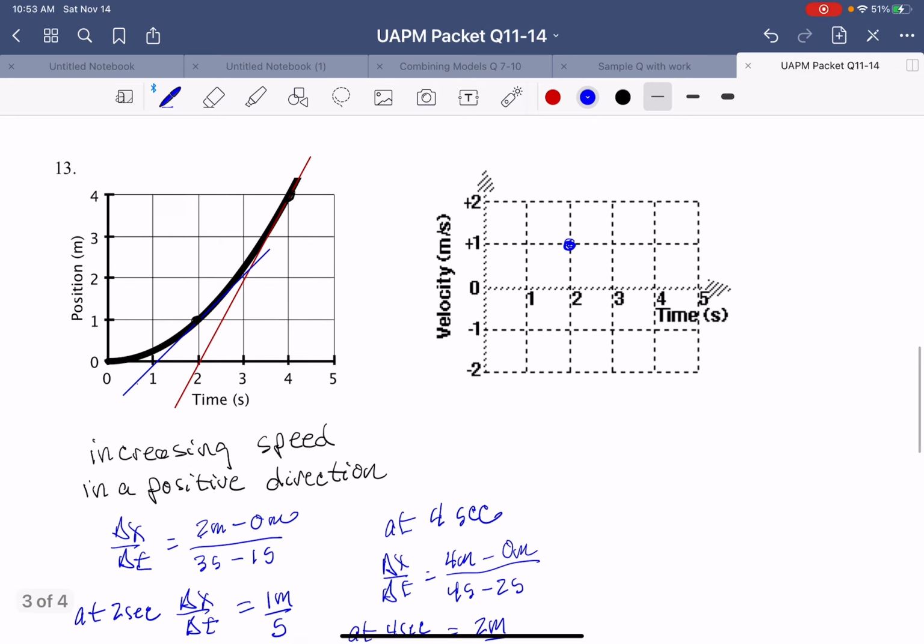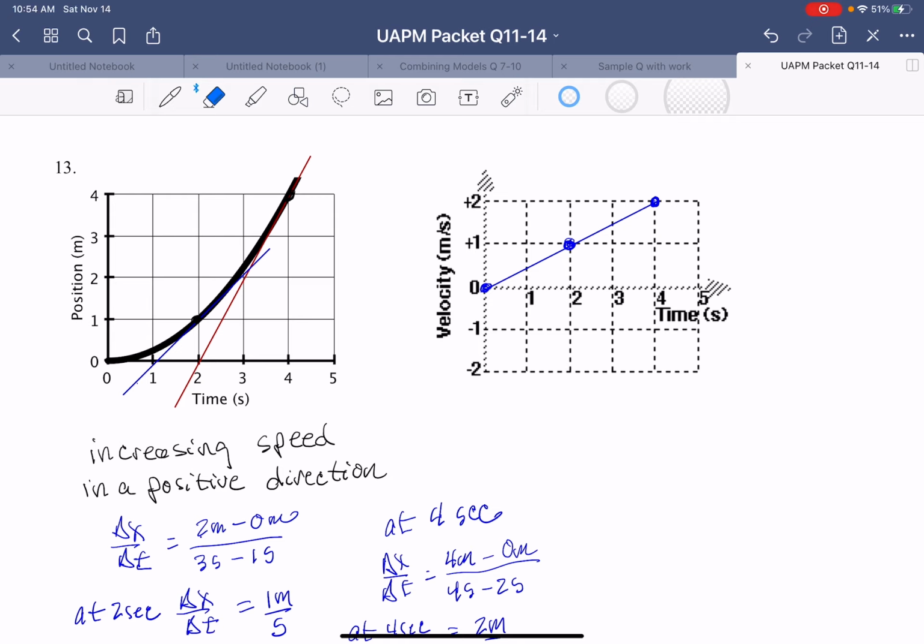So over here on my velocity time graph at 4 seconds, I'm moving 2 meters per second. I also know that at 0 seconds, the slope of my line is 0, so I'm not moving. So that right there would be what my velocity time graph would look like. Okay, and that's what it looked like when we did that simulation. So this is all good.